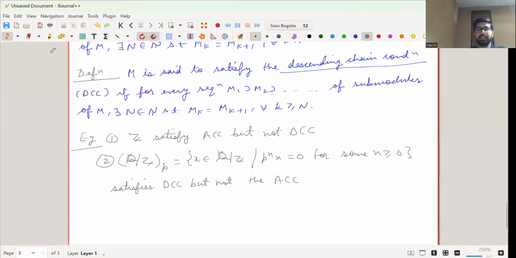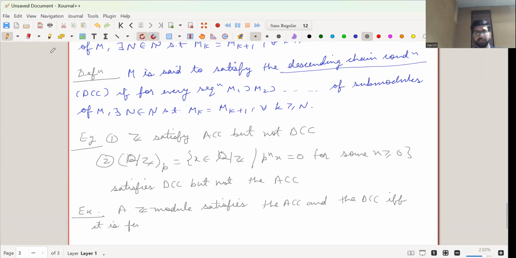Then there is an exercise, a very important exercise, which says that a Z module satisfies the ACC as well as the DCC if and only if it is finite.